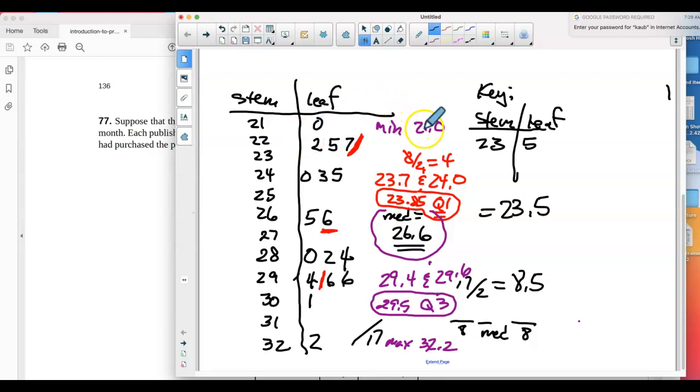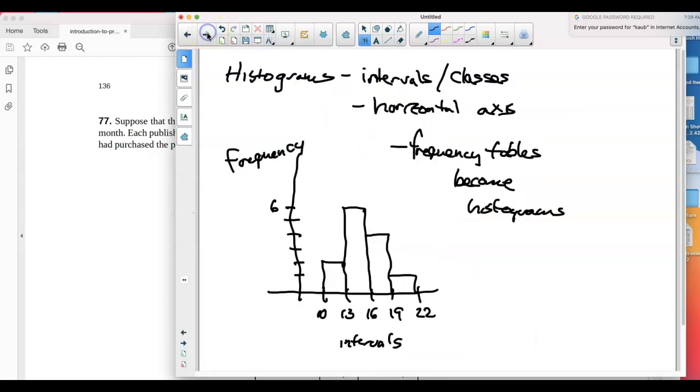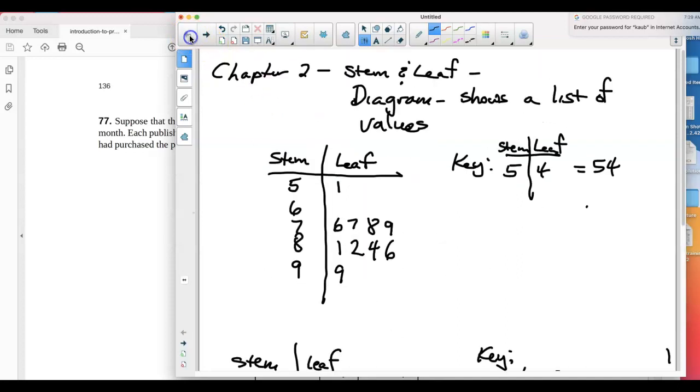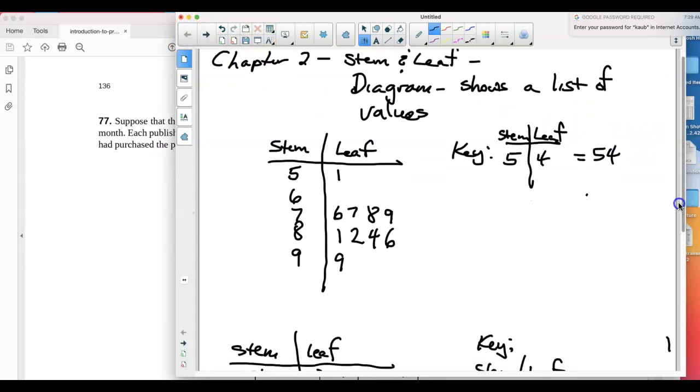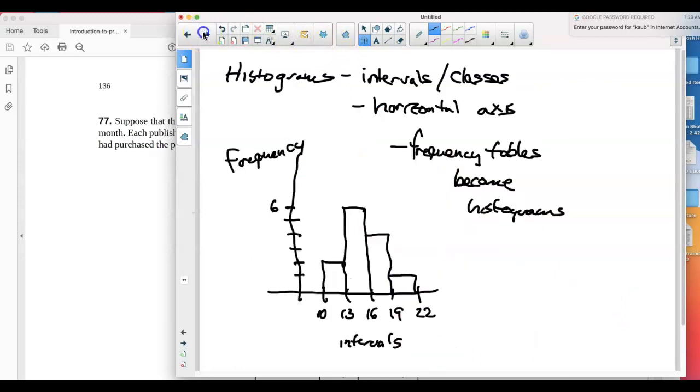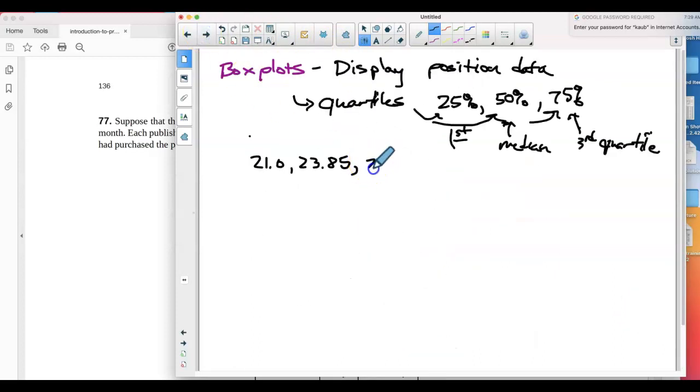21.0, 23.85, 26.6, 29.5, and 32.2, I believe, was the maximum.